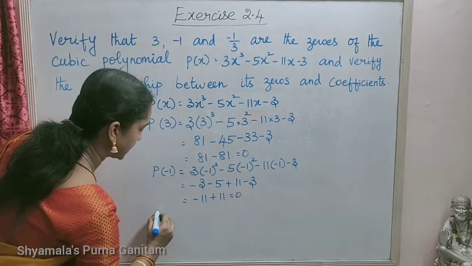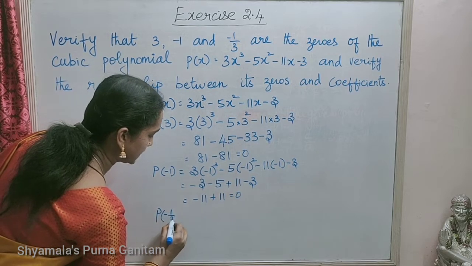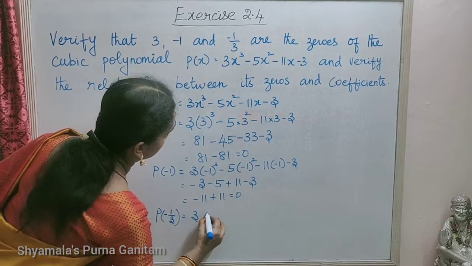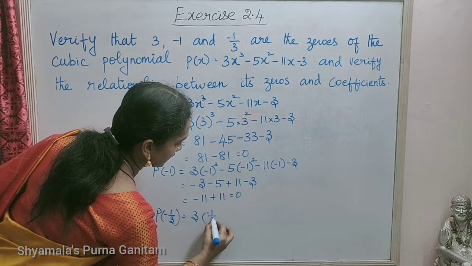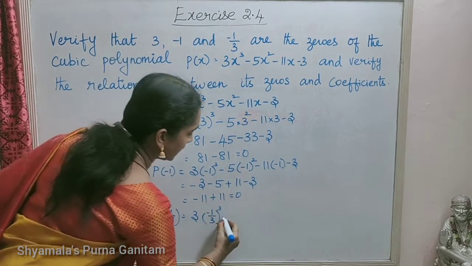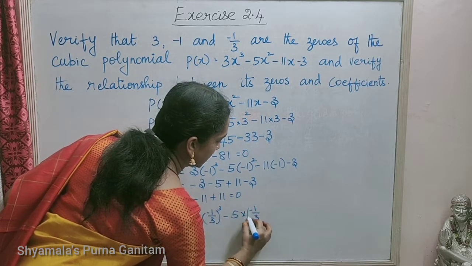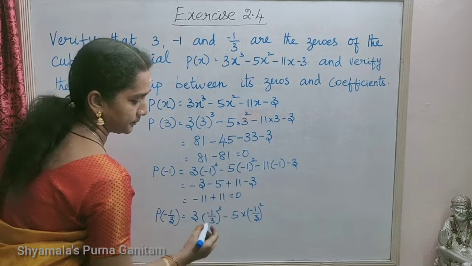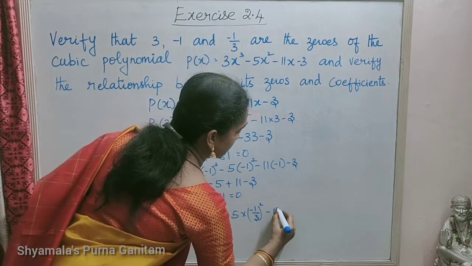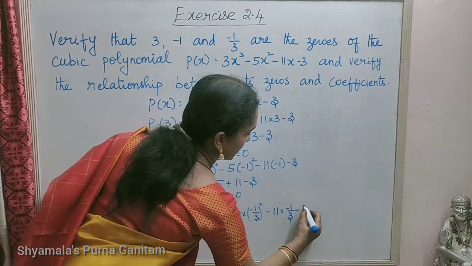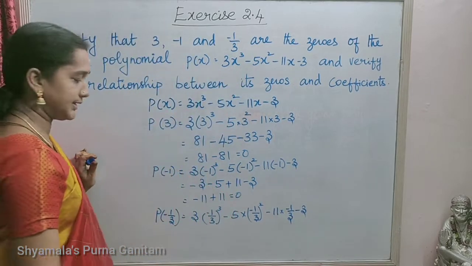Then next one is p of minus 1 by 3. So 3 into minus 1 by 3 the whole cube minus 5 into minus 1 by 3 the whole square minus 11 into minus 1 by 3 minus 3. So this has to be simplified.